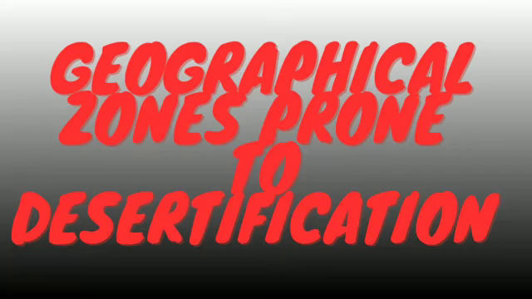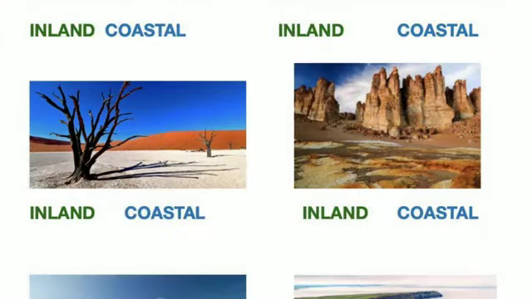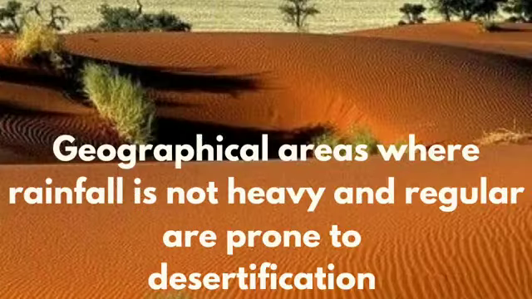Let us take a look at some of the geographical areas that are prone to desertification. Geographically, most desert-prone areas are found in either the inland or coastal regions.